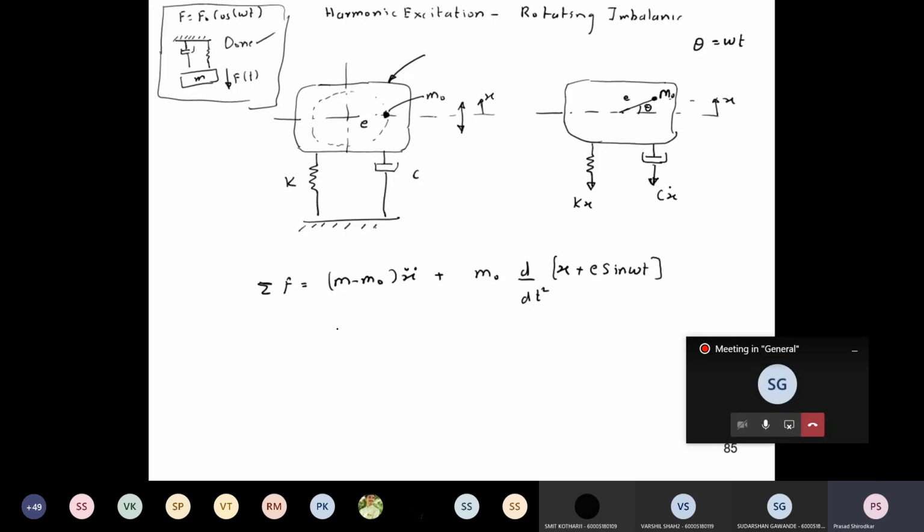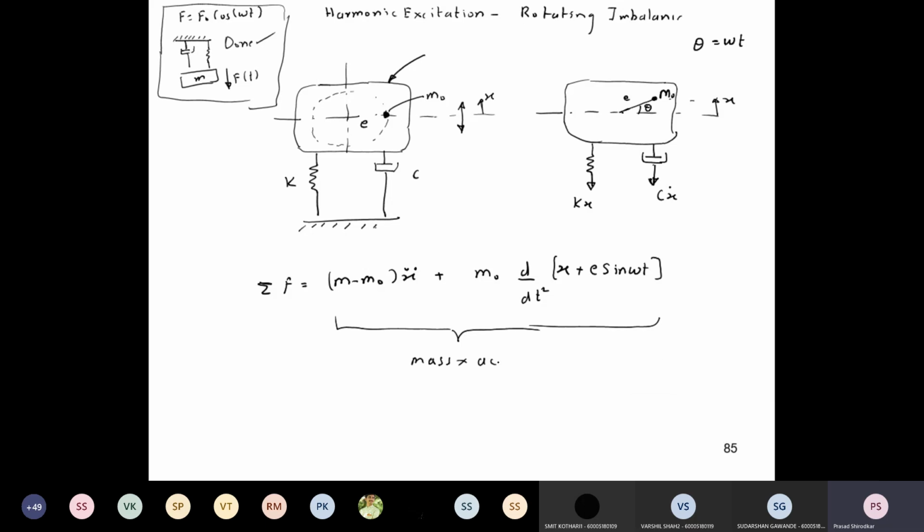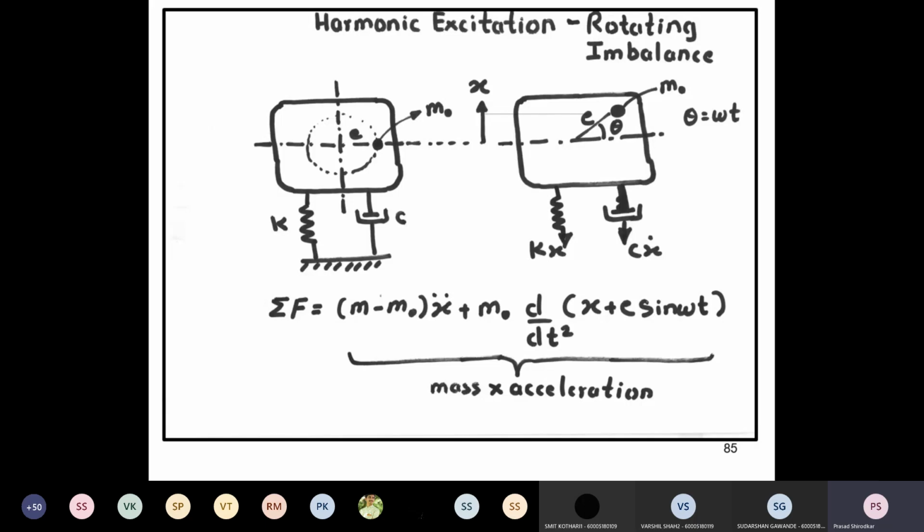So this is nothing but mass into acceleration. Alright, so we are just applying D'Alembert's principle, that is summation f is equal to ma. Right, that is all we have done. Alright, so this is just a summary of what we have just discussed.